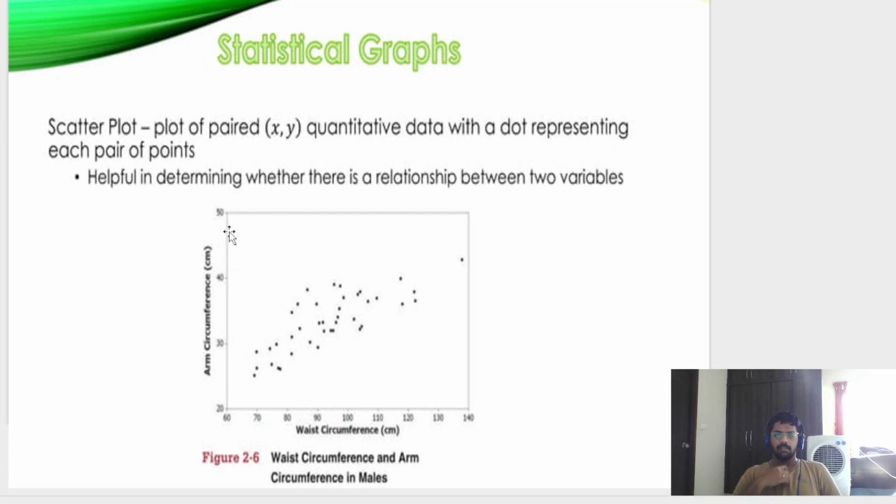Now, we need to talk about statistical graphs. The scatter plot is a plot of paired xy quantitative data with a dot representing each pair of points. It is helpful in determining whether there is a relationship between two variables. Here is one example. A scatter plot is very useful when we are trying to evaluate the line that fits the data.